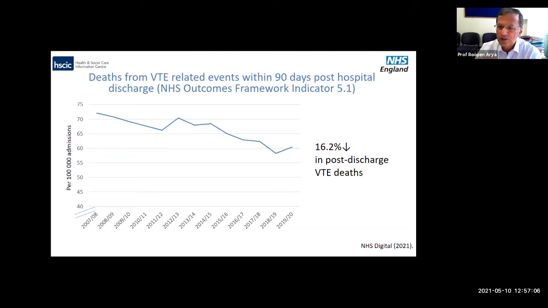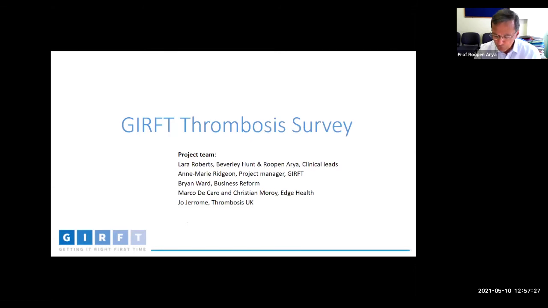Also, I think for the first time in any healthcare system globally, we were able to demonstrate an improvement in patient outcomes, with a 16% reduction in post-discharge VTE deaths in the past decade, which I think is a considerable achievement.